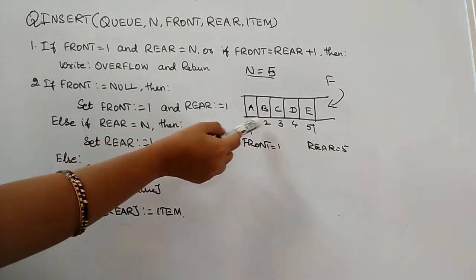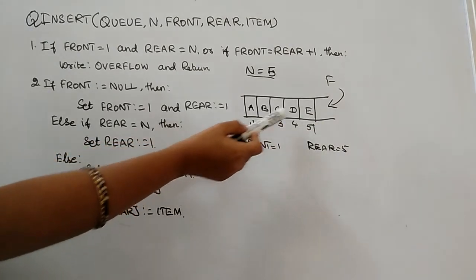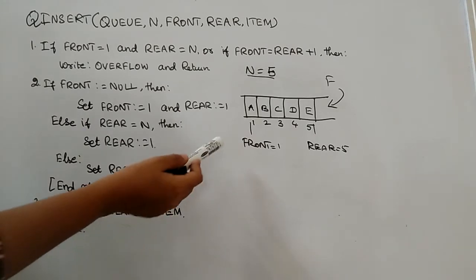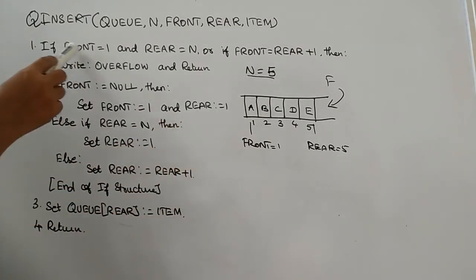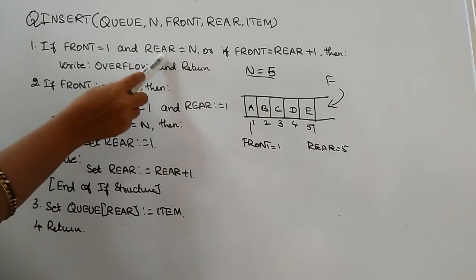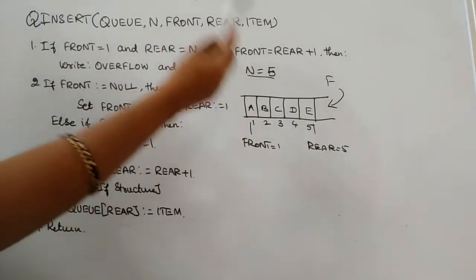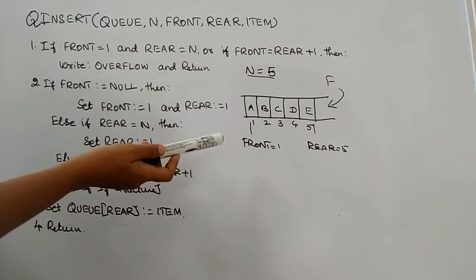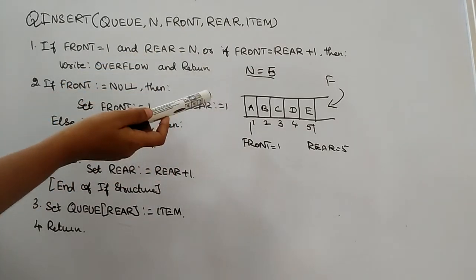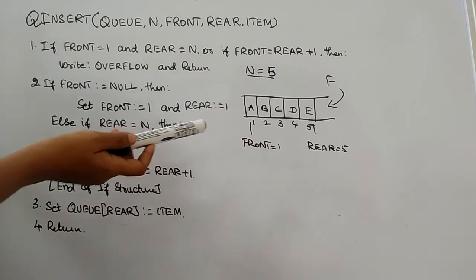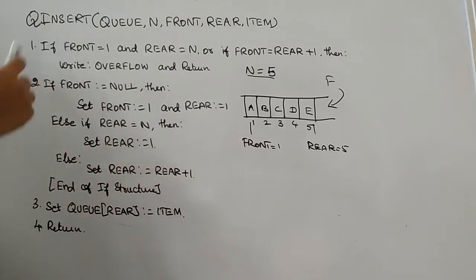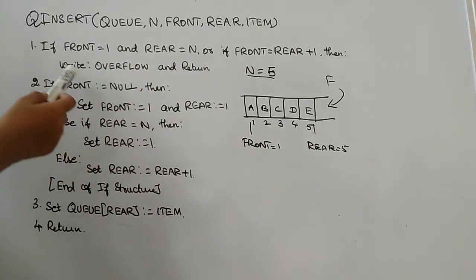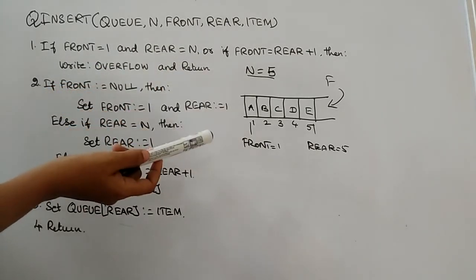To check whether the queue has been filled entirely or not, I can check the condition: if front equal to 1 and rear is equal to n. What do I mean by n? N is a variable used to hold the maximum size of the queue. That's why I am checking if front is equal to 1 and rear is equal to n, then I can prompt the user with overflow.